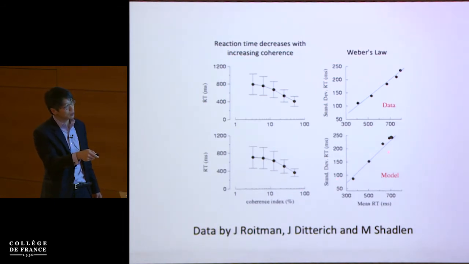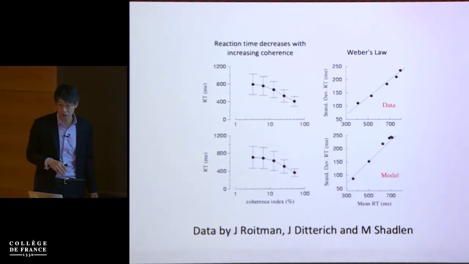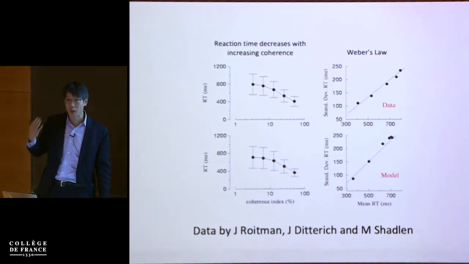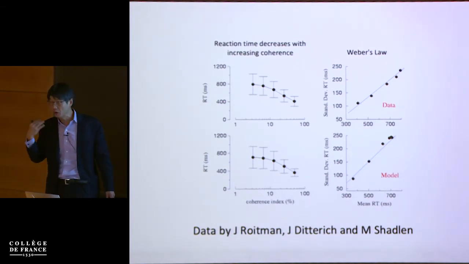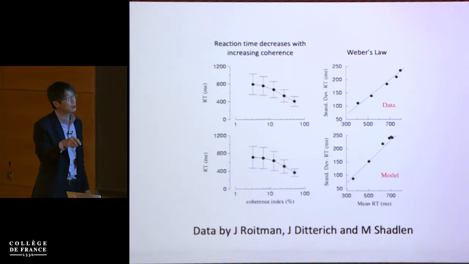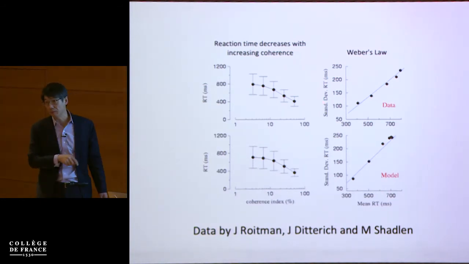And that's not really put in by hand in the model. So you'd say, oh, that's interesting. That's a form of Weber's law in psychology, namely the variability of reaction time is proportional to the mean. And we looked at the behavior data from the monkey experiment. Indeed, we found the same thing.